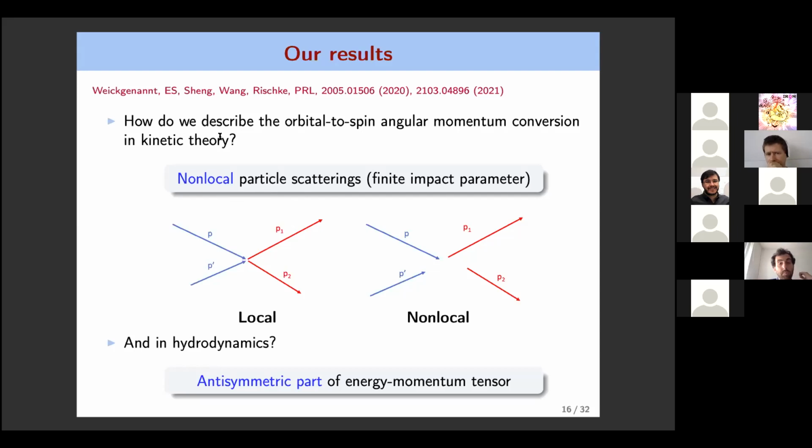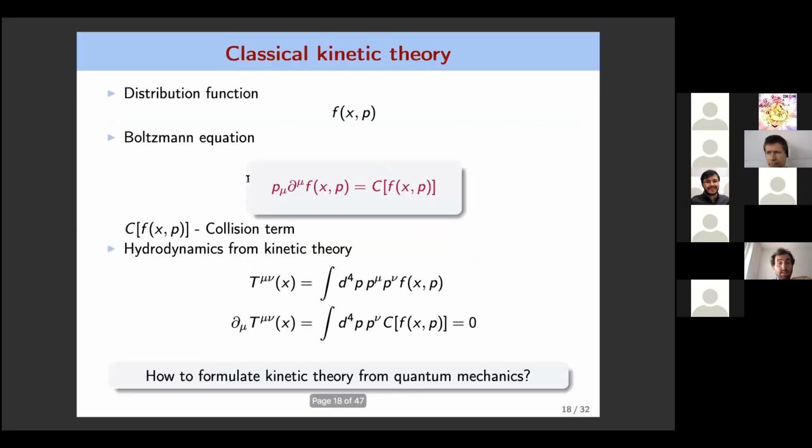First, let's go to the kinetic theory, which is the main point of this talk. Let's discuss what we mean by classical kinetic theory, really generally and briefly. We have a system of particles in which, of course, we do not follow all the microscopic details, but we say that there is some distribution function which tells us on average where these particles are and what their momentum is.